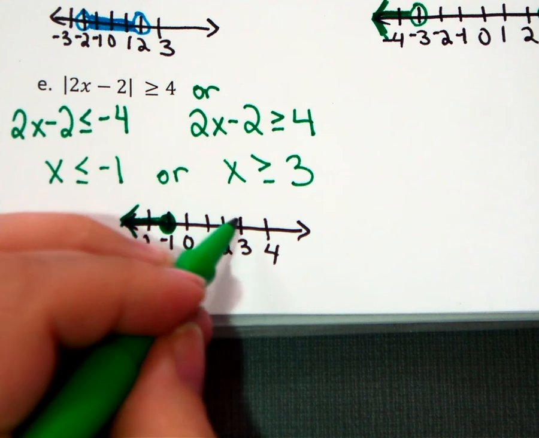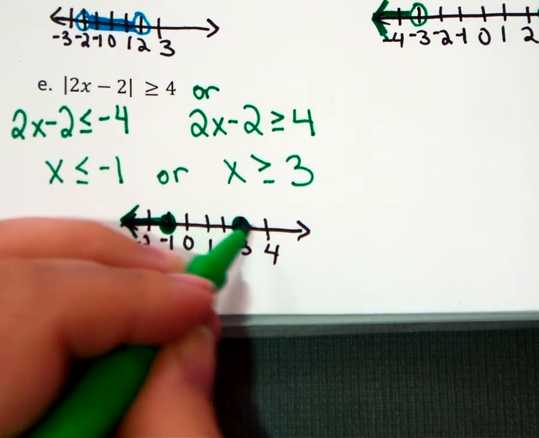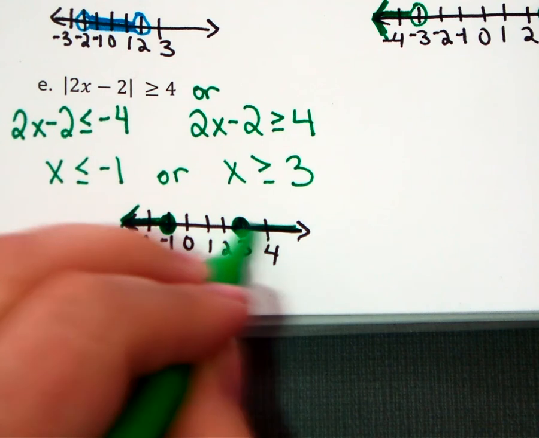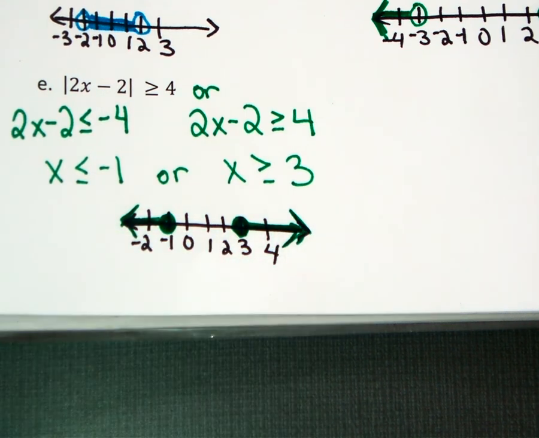The other one will get a closed dot on 3, and we will shade to the right. Again, do not take for granted that ORs shade outwards.